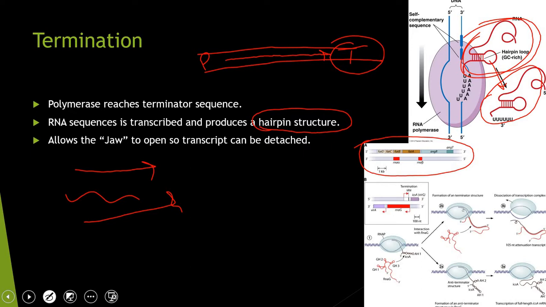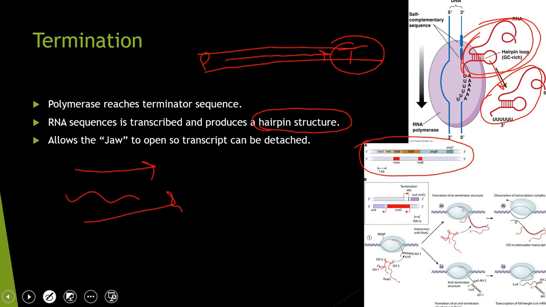So that's it for prokaryotic transcription. Very easy, right? Just in 3 easy steps. Initiation, sigma factor binds to polymerase. After that, the sigma factor binds to the promoter, the double helix opens up, sigma factor bye, it's gone.